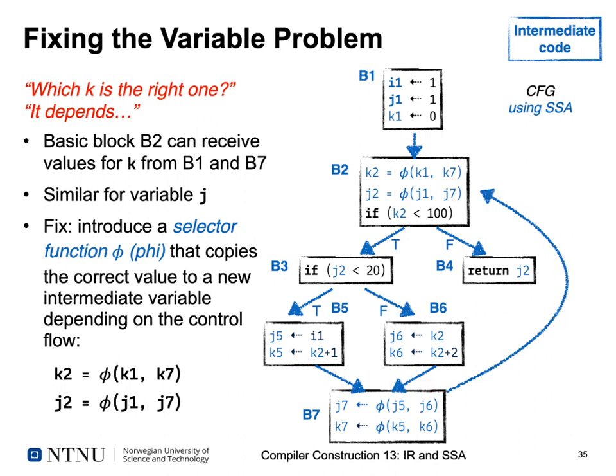The selector function then copies the correct value of the variable to a new intermediate variable, and this depends on the knowledge of the compiler about our control flow. And so here, using this phi function and the unique naming of variables wherever it's required, we have now transformed our naive control flow graph to a control flow graph that correctly uses a static single assignment form.